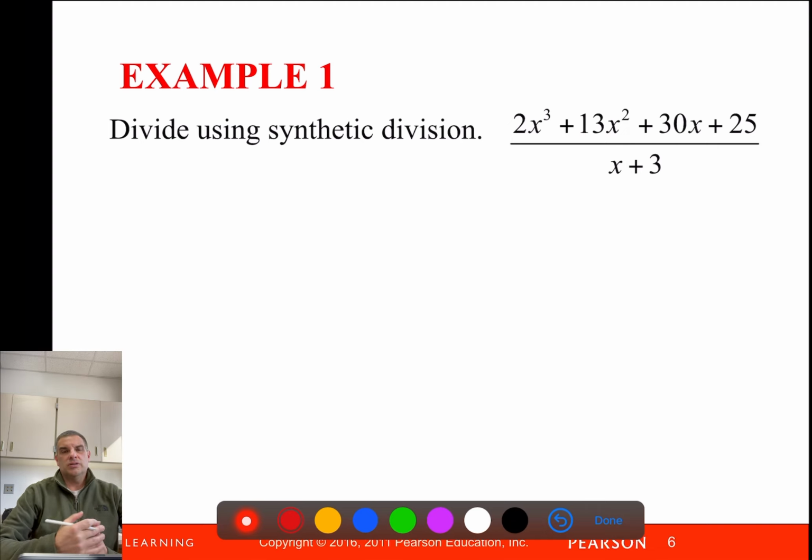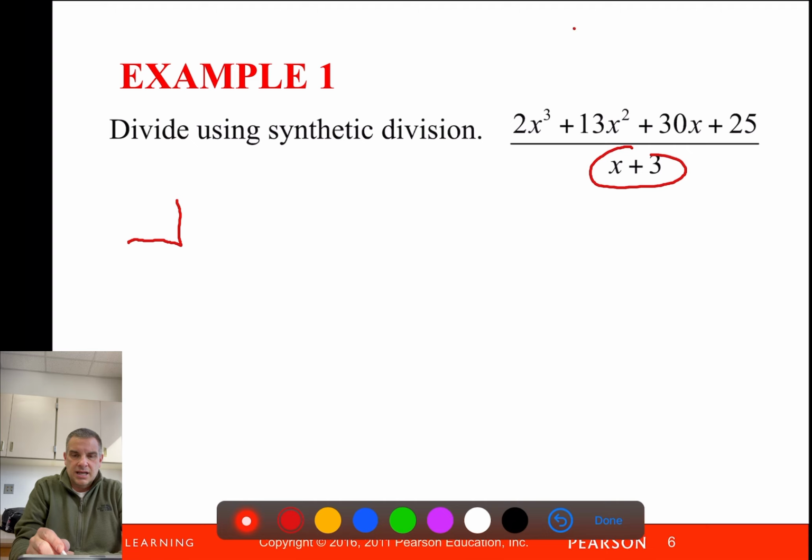And what we're going to do when we divide polynomials, if you remember from Algebra 2, we did this little box over here in the corner, and then we spread out what our constants were, and that was called synthetic division. So inside of this little box, we're going to look at this as x minus k. So we really put the opposite of what's in there. So there's a 3 in there.